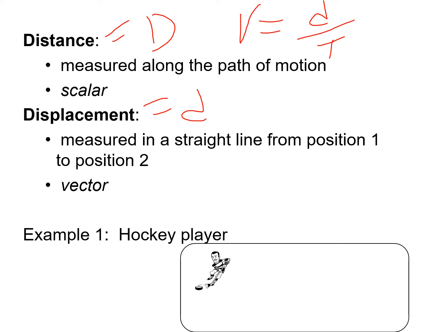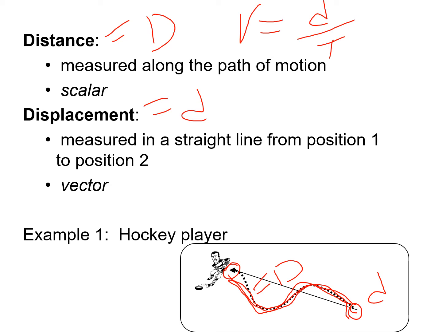So let's look at an example here. We have this hockey player, and they're traveling from point A to point B, and they took this little curvy path right here, okay? This curved path is what we measure as their total distance, okay? However, if we were to draw a line from the first point to their end point, this is our displacement.